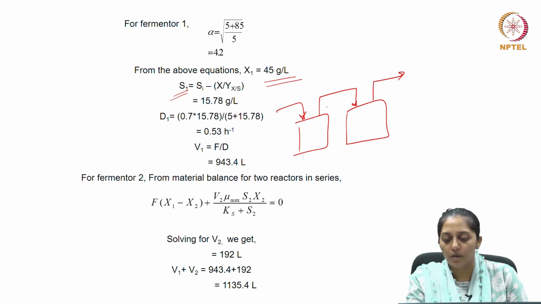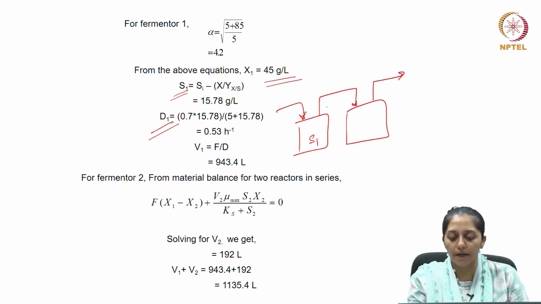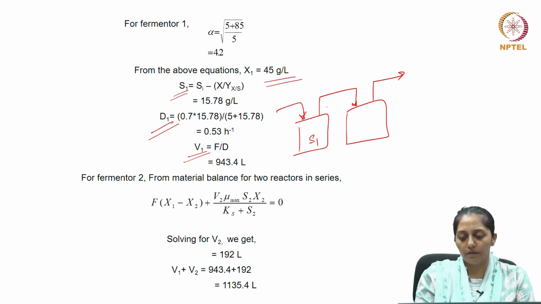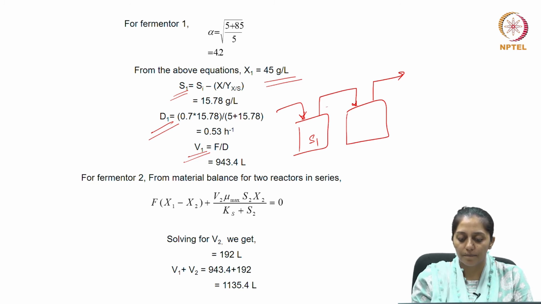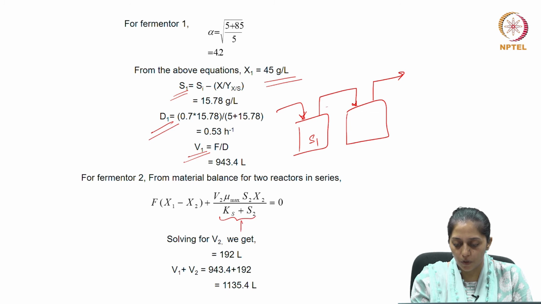So, if we know the substrate concentration inside this reactor, we can find out the specific growth rate, which will be equal to the dilution rate given as D1. Once we know the dilution rate, we can find the volume of the reactor given the flow rate. Now for the second fermenter, if you do the material balance for the two reactors, this term is Monod's model.